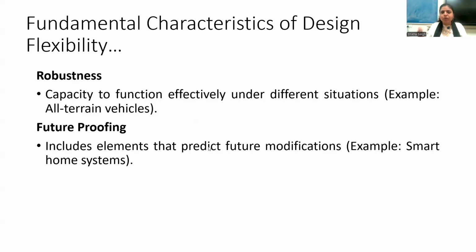It doesn't matter whether it is 4G, 5G, 6G, 8G, you don't need to replace the cell phones, because they designed the products in such a way that they are adaptable to the changing needs, right? But some of the products were required to be replaced completely. So from the angle of sustainability, it may be a challenge in the upcoming time if you do not design robust and flexible products.